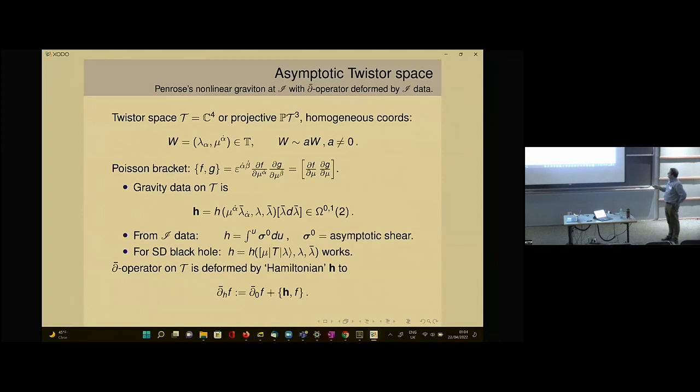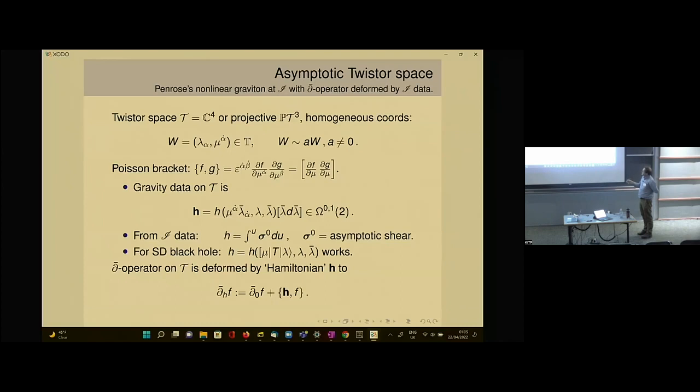The gravity data is given by a 0,1-form on this space of homogeneity degree 2. And this can be constructed directly from the asymptotic data. So this is what would have happened in Ted Newman's original construction, that sigma naught is the asymptotic shear at scri, it's half the asymptotic data for the self-dual part of the field.